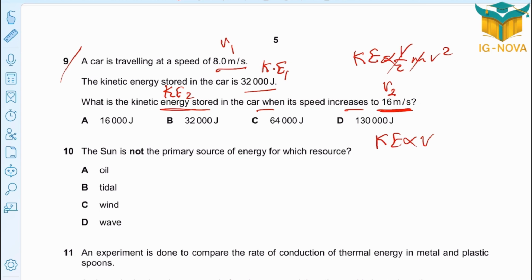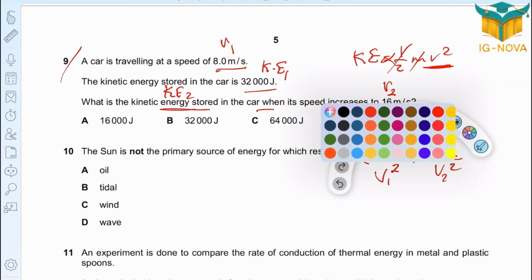For that, in any two situations, I use the ratio method. The ratio method says KE1 over V1 squared, don't forget it's a square, equals KE2 over V2 squared.